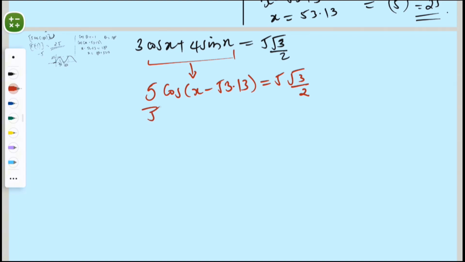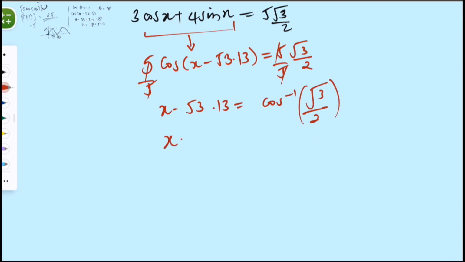Well, divide both sides by 5 to first of all eliminate it. And then we are now going to take the cos inverse. So x minus 53.13 equal to the cos inverse of root 3 over 2.